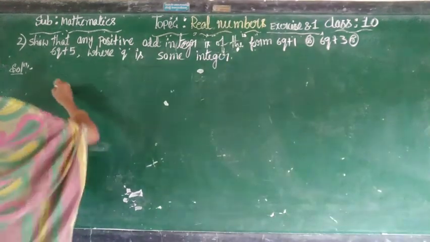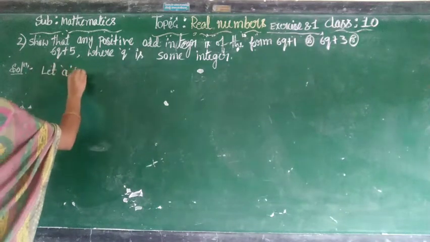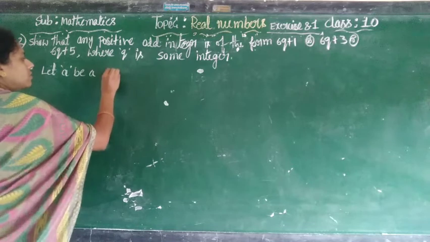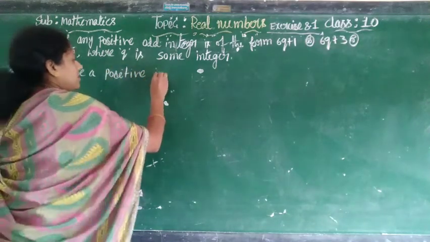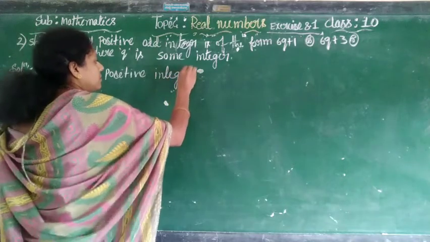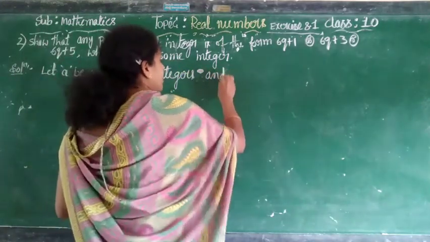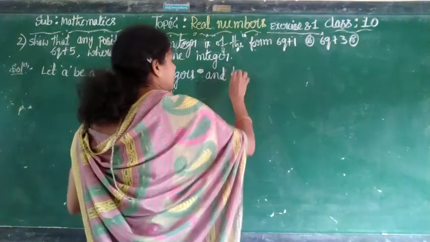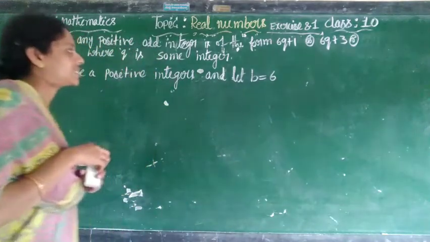Solution: let a be a positive integer, and let b be equal to 6.